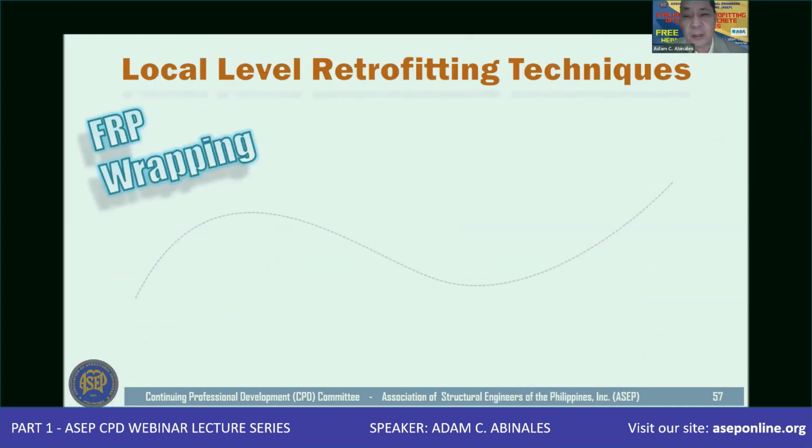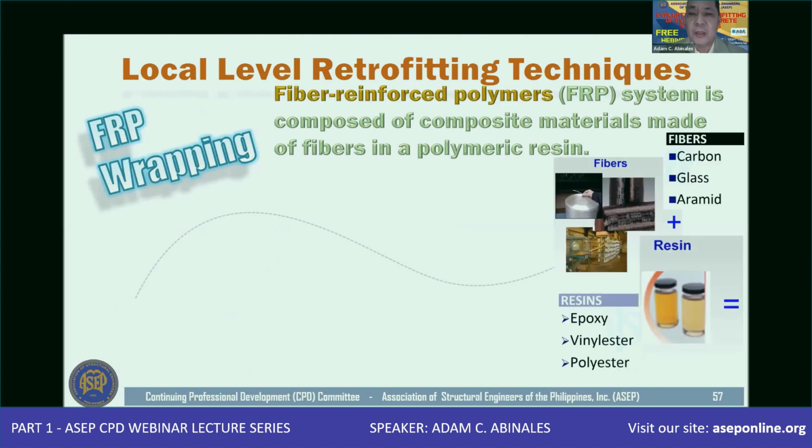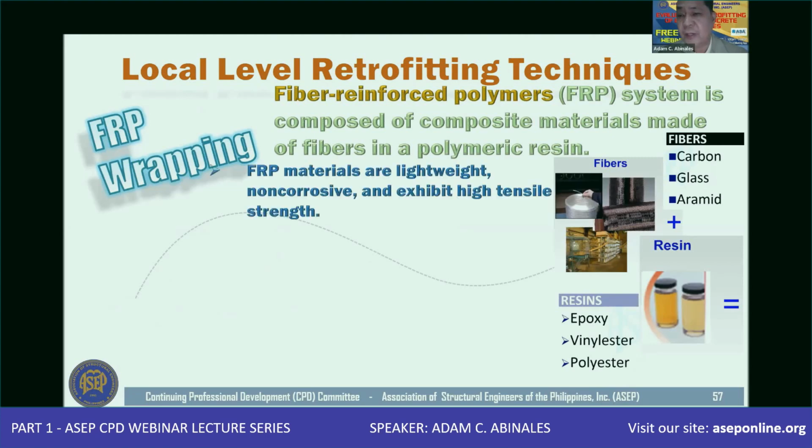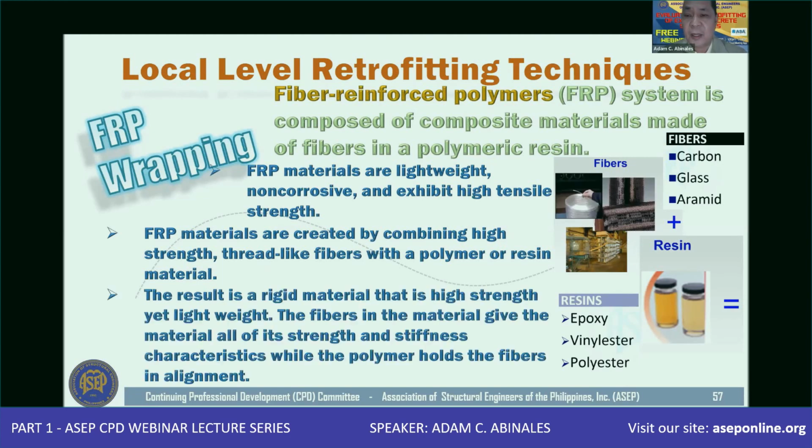Now, FRP wrapping. FRP, as we all know, is a system composed of composite materials made of fibers and polymeric resin. When we talk about fibers, you can have carbon, glass, or aramid, and for the polymeric resin you can use epoxy, vinyl ester, or polyester.